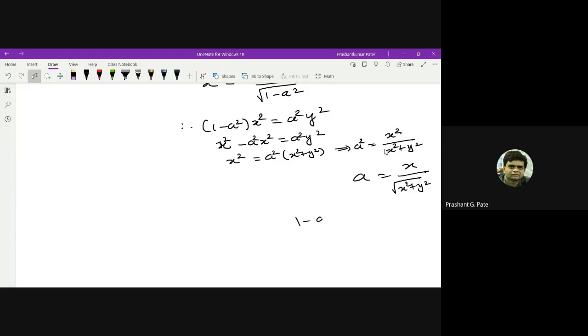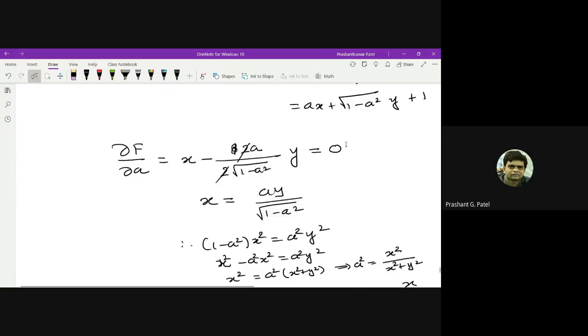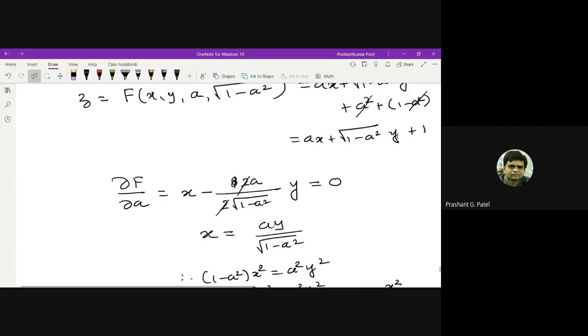And 1 minus a square will be 1 minus x square upon x square plus y square. So that will give me y square upon x square plus y square.